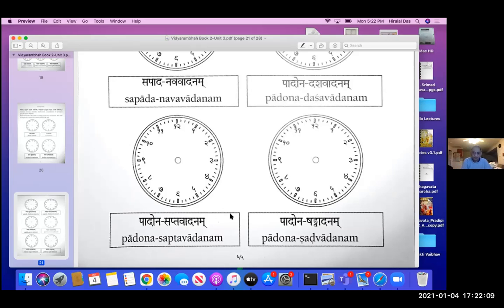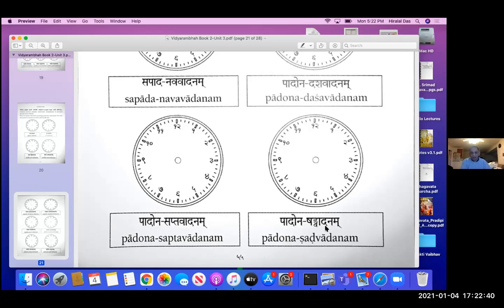Yes. Padona means 15 minus, so the long hand will be at 45, which is the 9. And for the Saptavadanam, the short hand will be between 7 and 6, more closer to 7. Good. Very good.